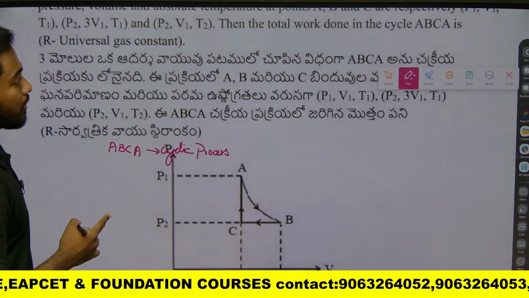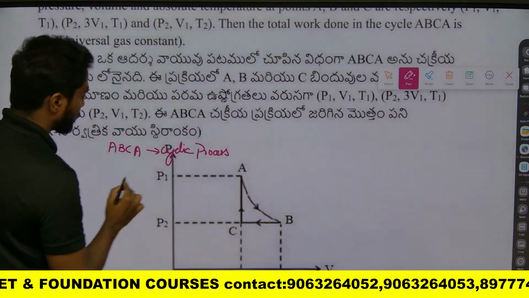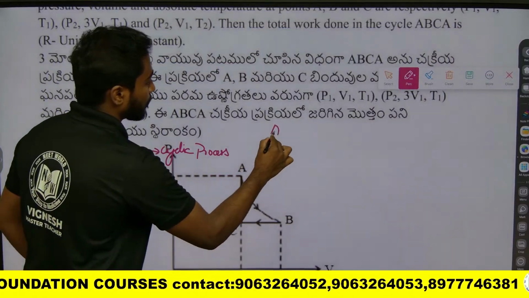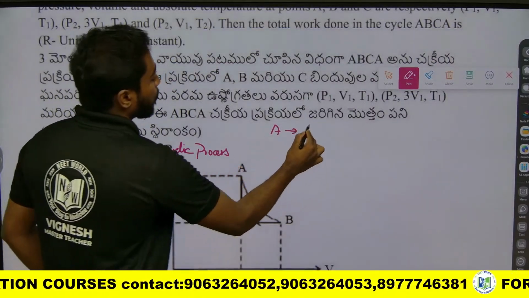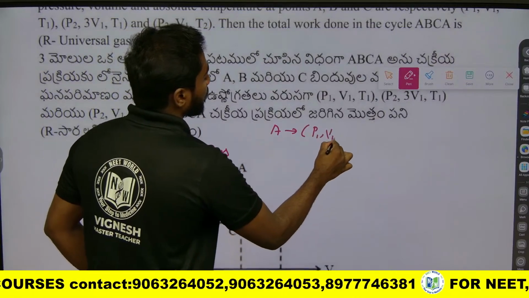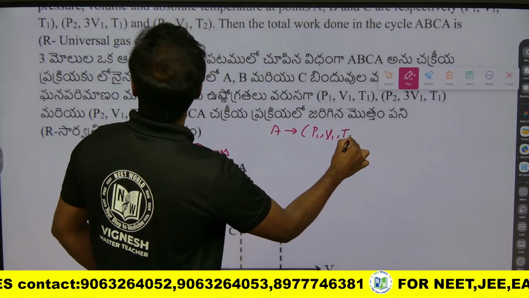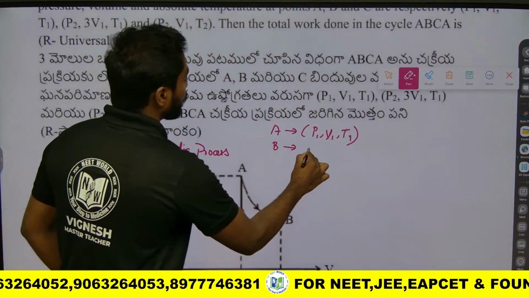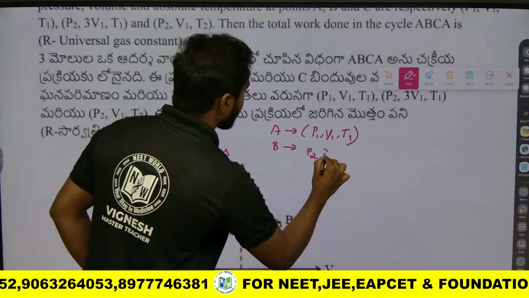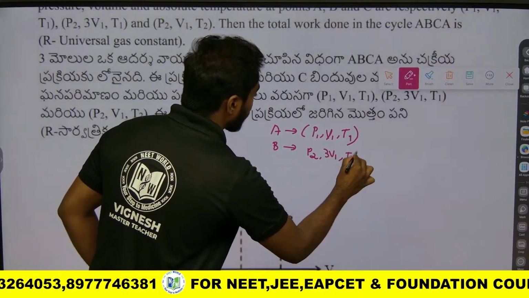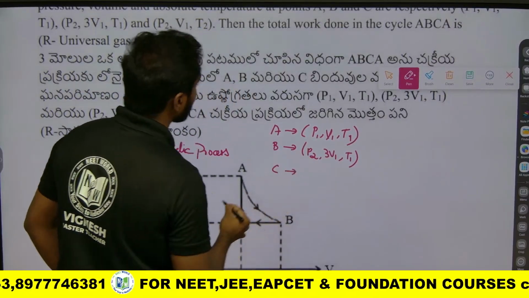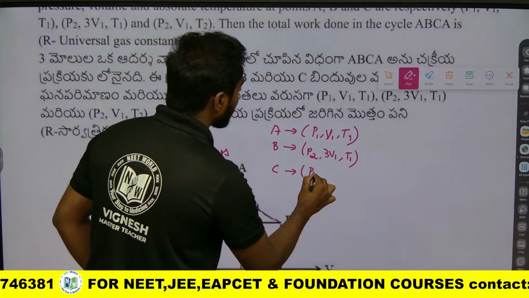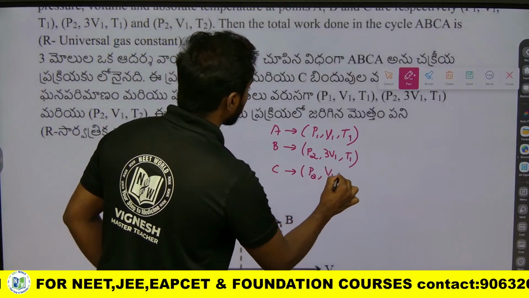And then A is given as P1, V1, T1. B is given P2, 3V1, T1. C is P2, V1, T2.